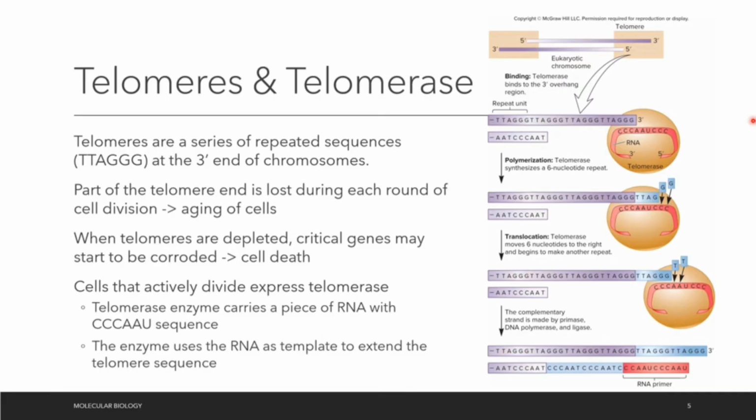Now, telomerases are a very interesting kind of enzyme because they carry a piece of RNA. Okay, so this is this red piece here. This is a piece of RNA that telomerases carry around with them.